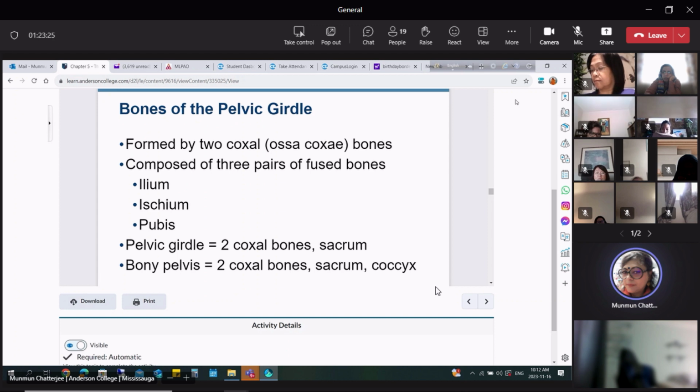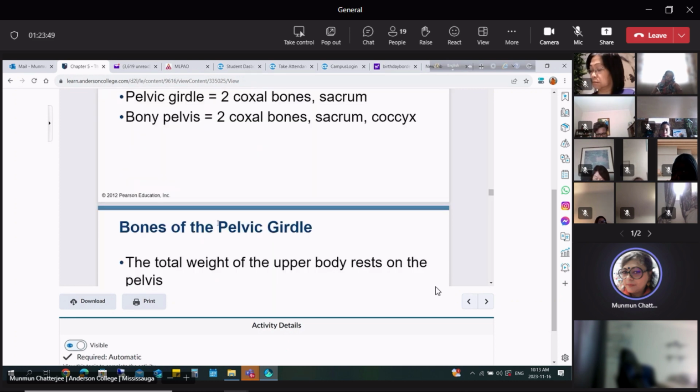You don't need to know how many bones there are in the pelvic girdle, the bony pelvis. So just remember the pelvic girdle is composed of 3 pairs of fused bone: ilium, ischium, and pubis.